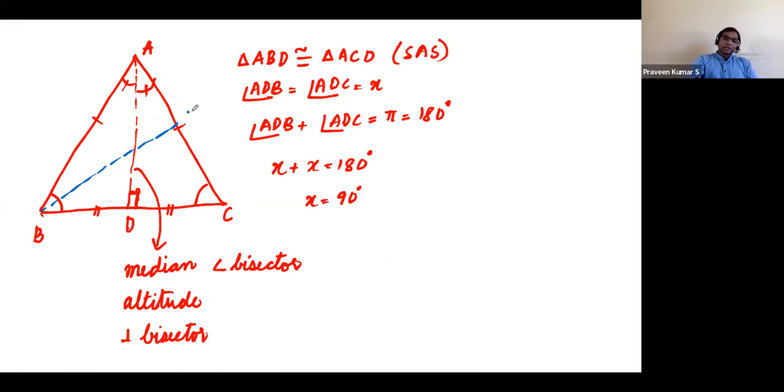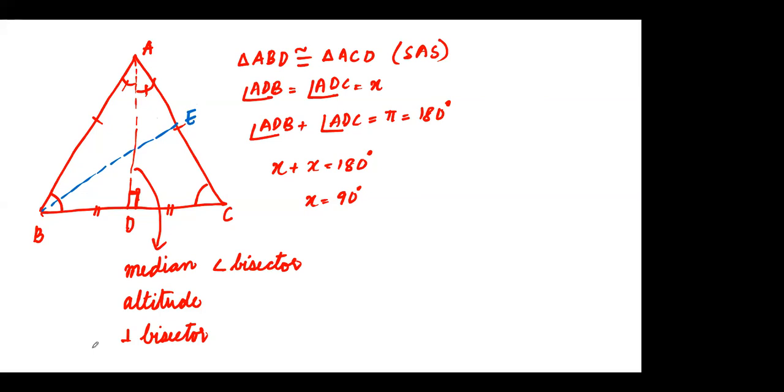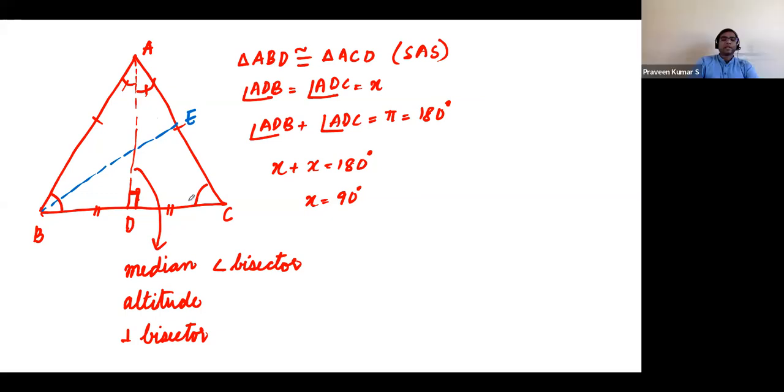Let's say I call this as E. Can I say something similar about the median BE? No, sir. You will not be able to say anything there. Okay. Similarly, if I draw the median CF, again, you will not be able to say anything very similar there.